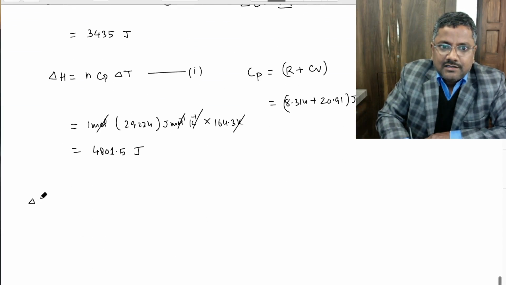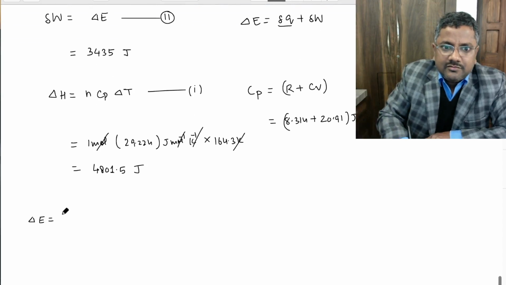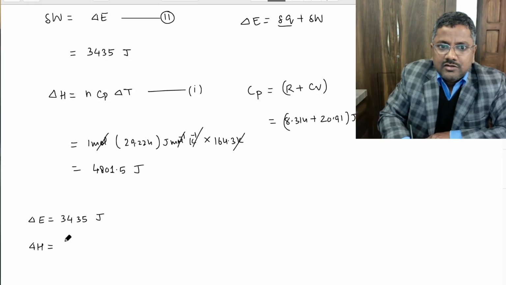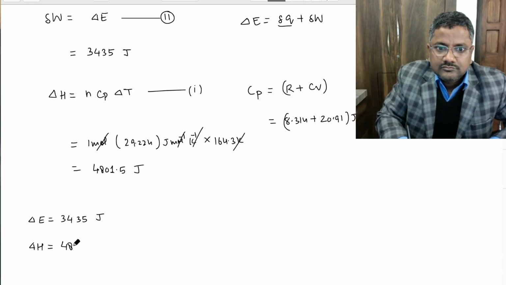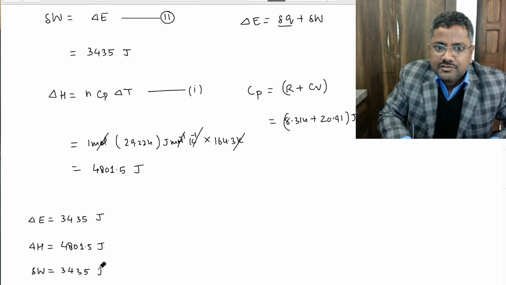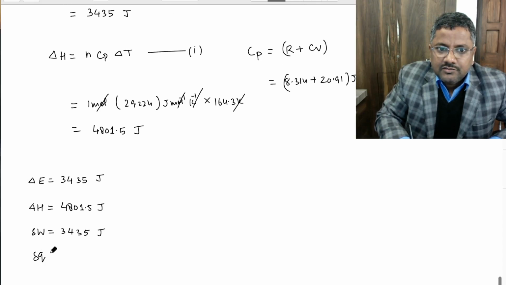So see, delta E is equal to 3435 joules. Delta H is equal to 4801.5 joules, and delta W is equal to 3435 joules, and delta Q is equal to 0.